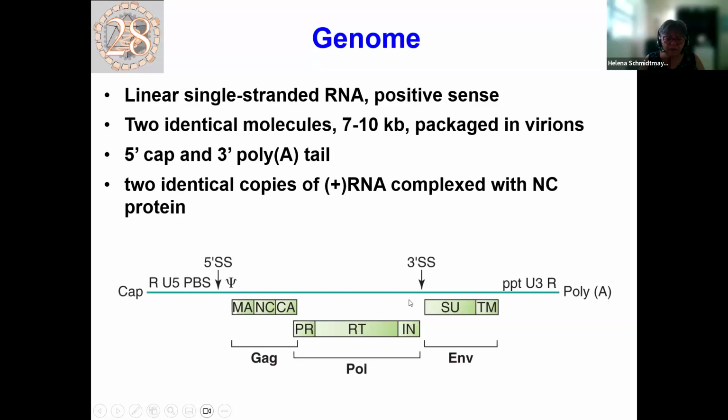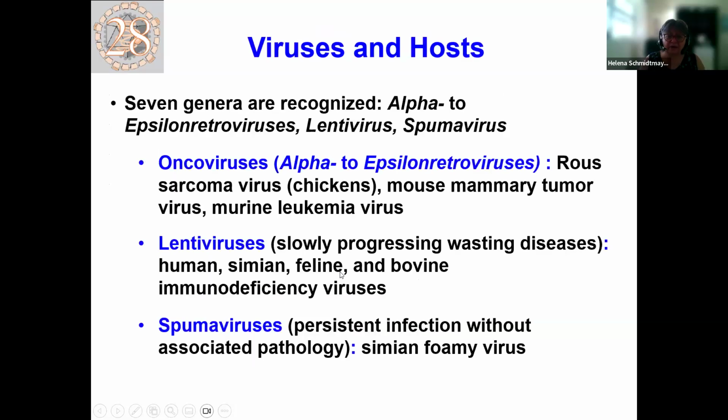Most of these genes are non-spliced. GAG and POL are non-spliced. ENV is spliced. And remember, it's very important for maturation that the proteins which they encode are synthesized as a polyprotein, which is cleaved only later on.